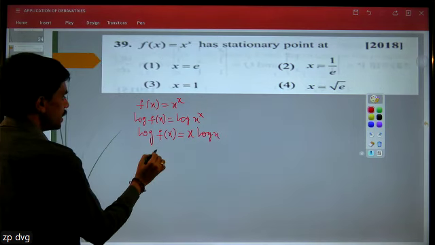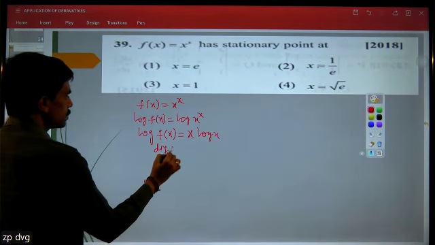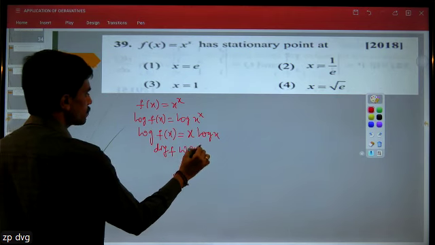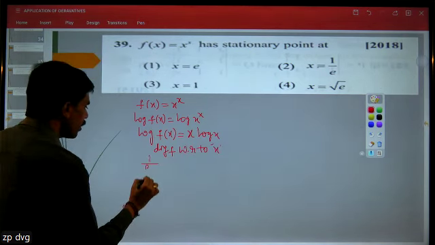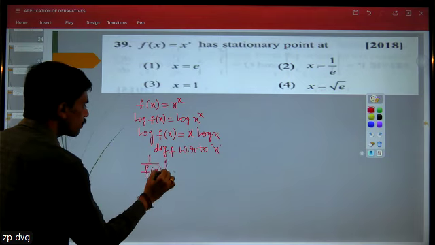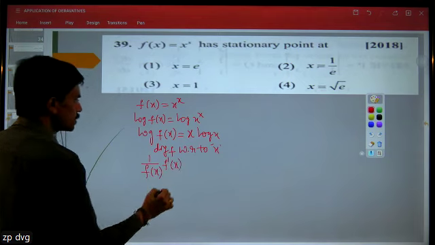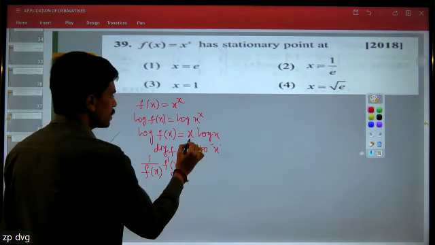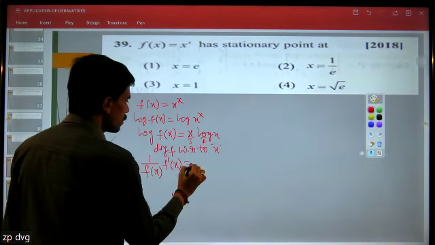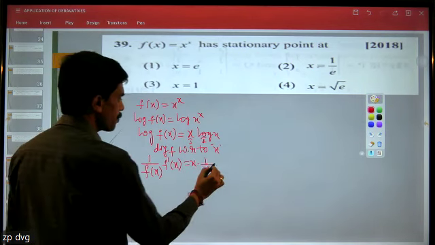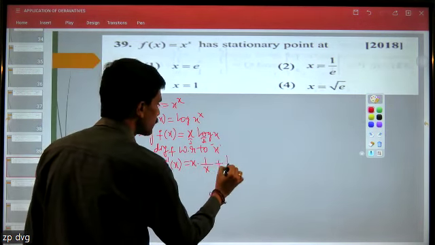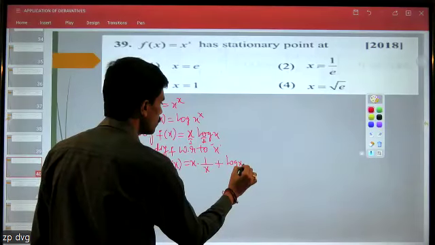So now differentiate with respect to x. We get 1 by f of x into f dash of x is equal to first function, second function. x into derivative of log x is 1 by x, by product rule, plus log x into 1.